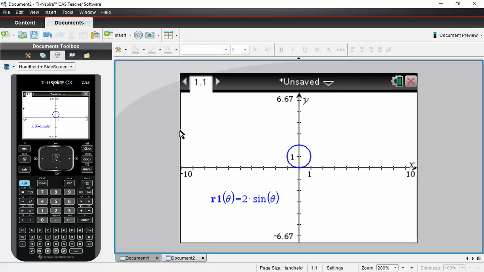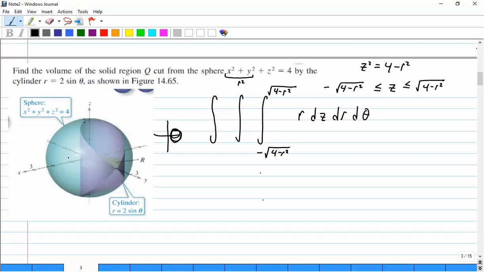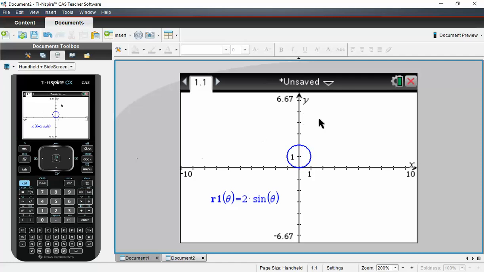So I got my positive x over here. If this is the positive x and this is the positive y, translate this positive x, there's the positive y.